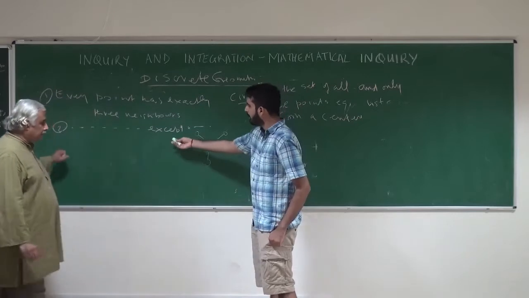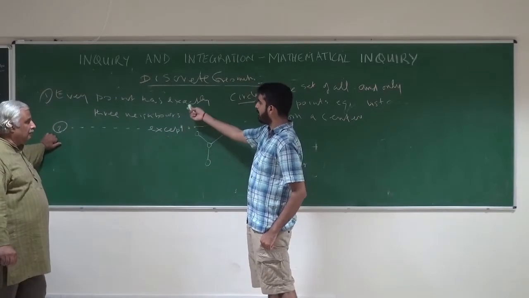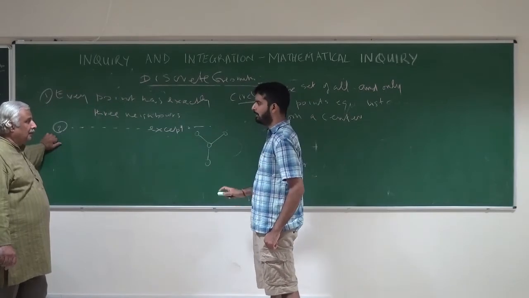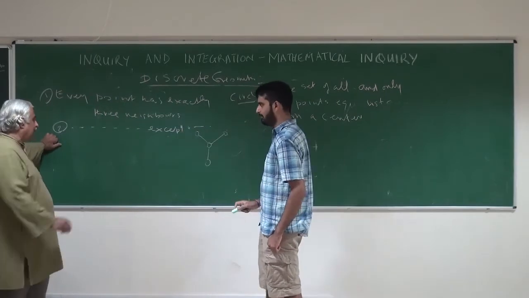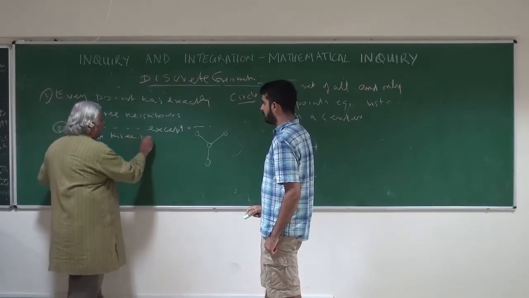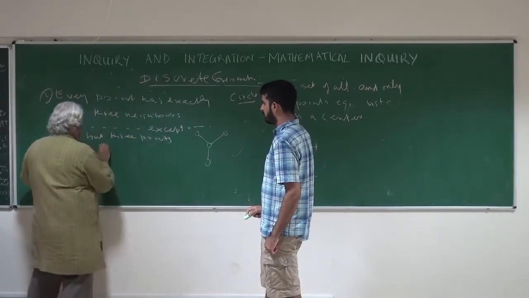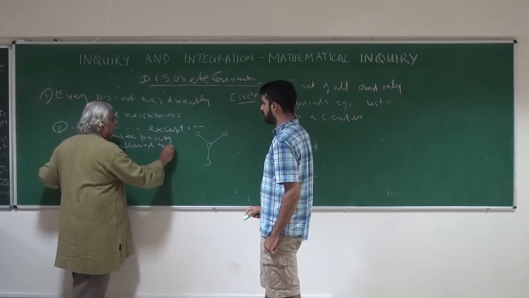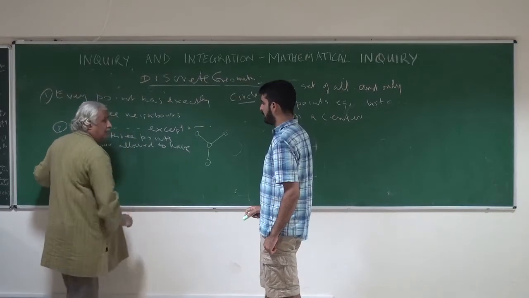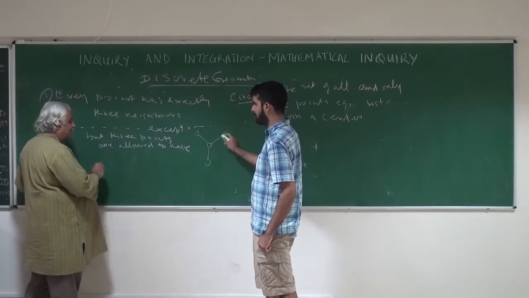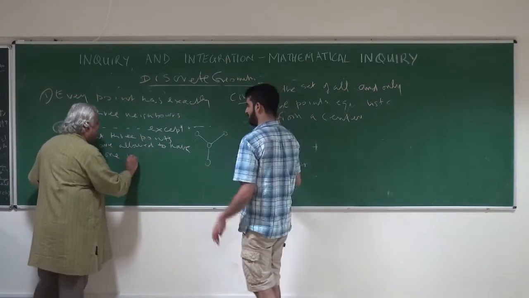Now if you say every point has exactly 3 neighbors apart from 3 points which have 1 neighbor, then this is this one. 3 points are allowed to have 1 neighbor. 1 neighbor or 2? This one has 1. So that's this.